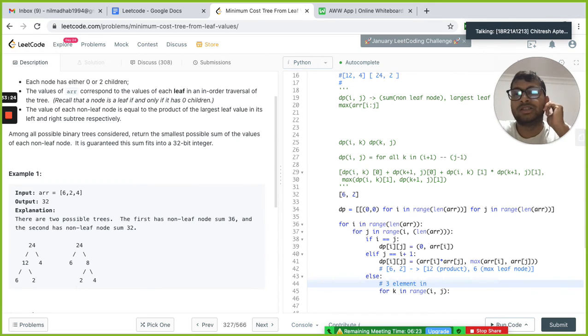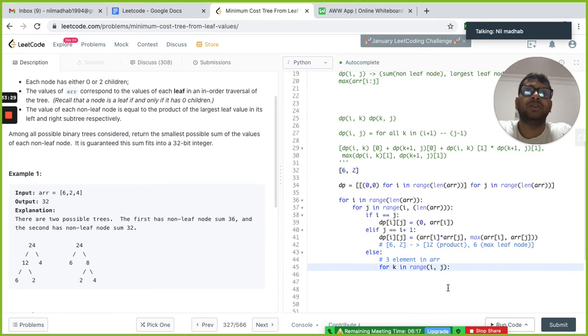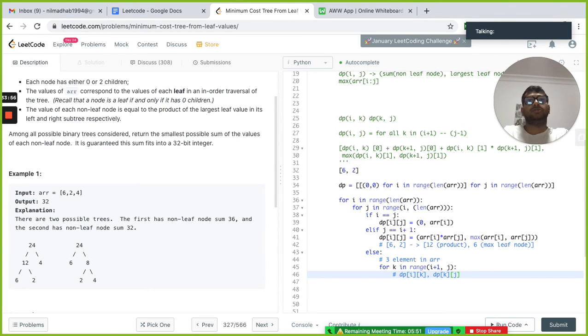So for 3 elements in the array, it will go from i plus 1 to j minus 1, right? We have dp of i, k, and in this loop, j minus 1 will not come, no? It will be k and j, right? So we have 2.